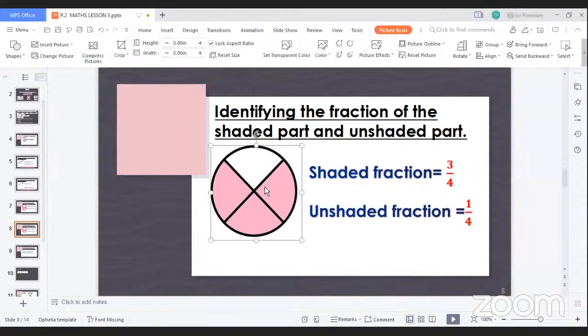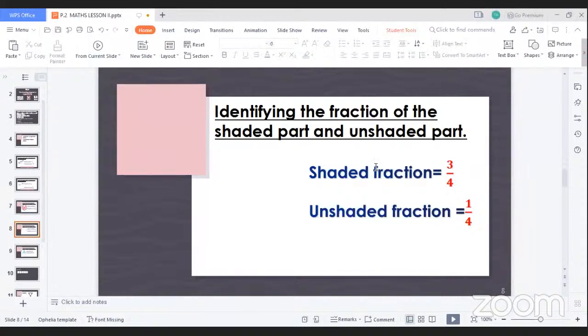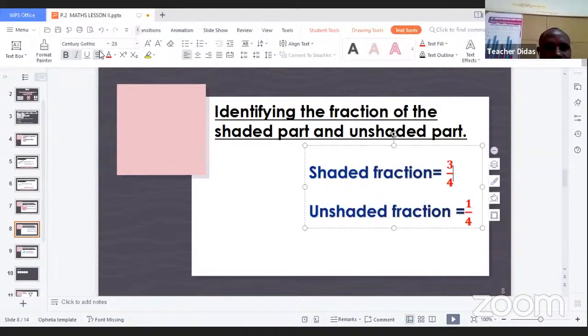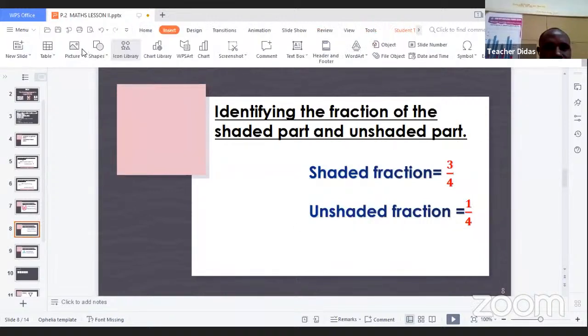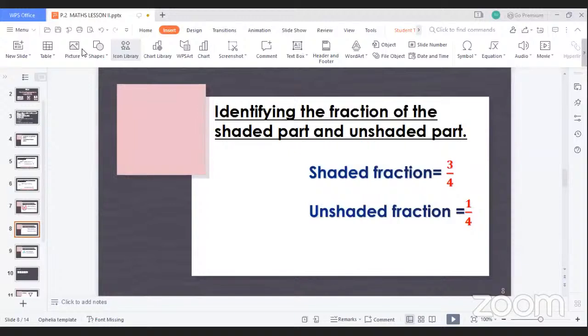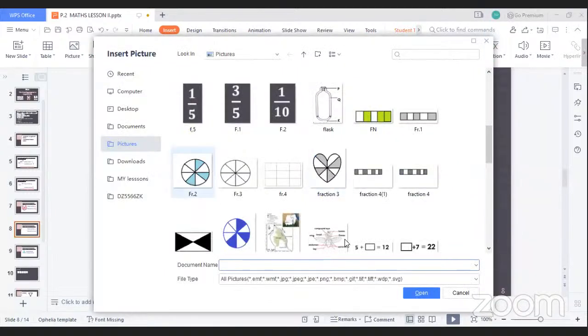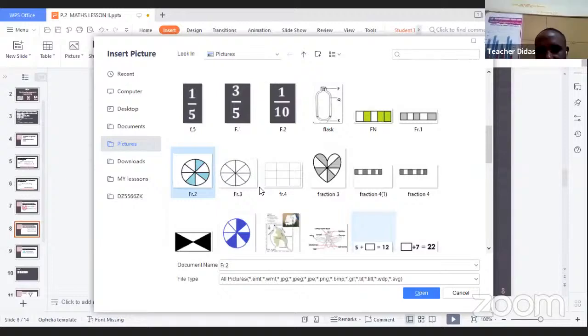Let me change the diagram here, and let me see if I have a ready diagram with me. What's your name? You are Nathaniel. How old are you? 8. You're 8. That's not bad.